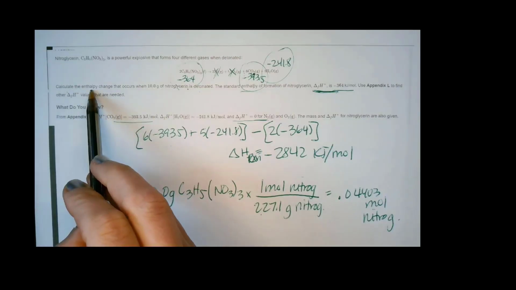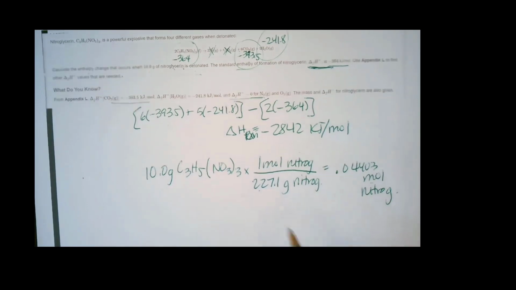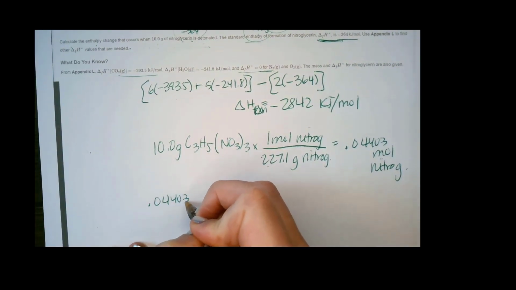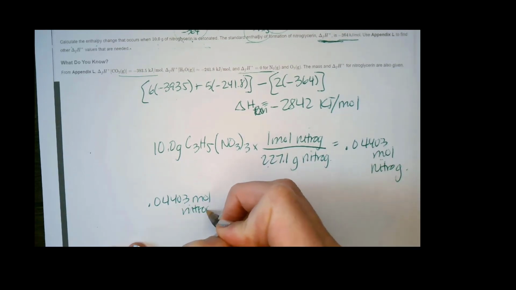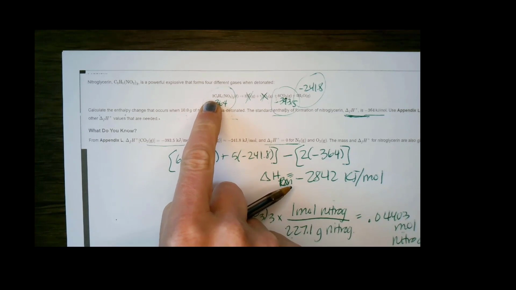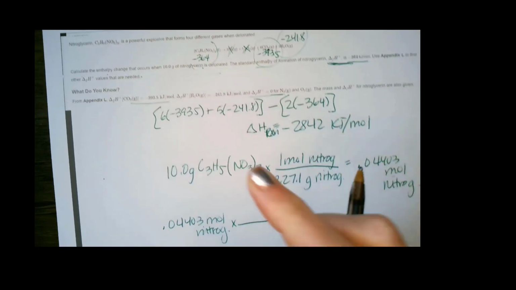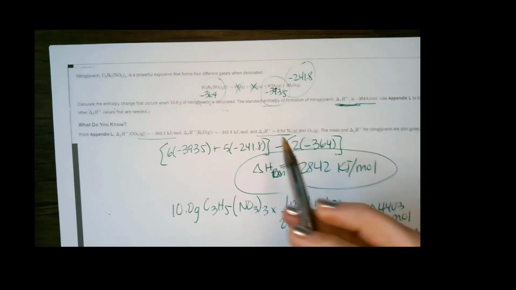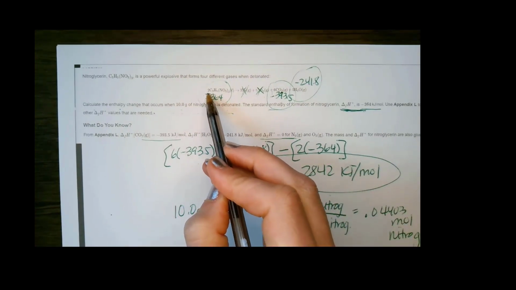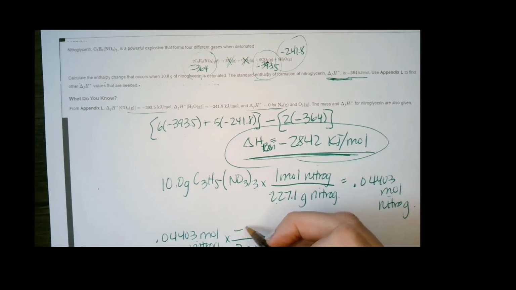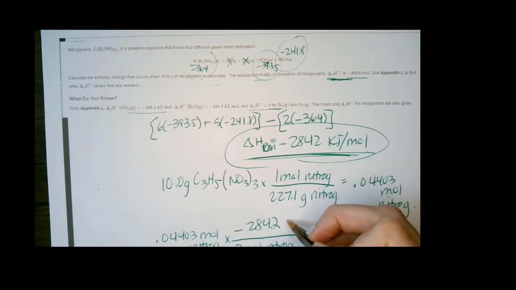To find the enthalpy change that occurs when I have 10 grams of nitroglycerin, I'm going to start with my moles, 0.04403 moles of nitroglycerin. I know that in this reaction there's 2 moles of nitroglycerin reacting, and that my delta H for that reaction is negative 2842 kilojoules.